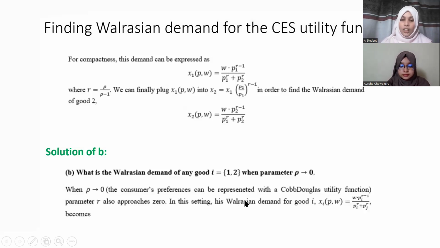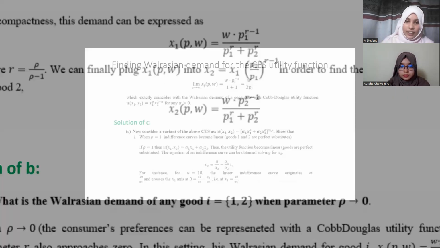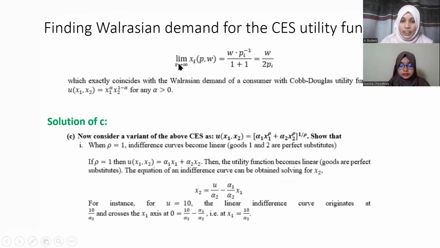In this setting, the consumer's Walrasian demand for good i is xi(p,w) equals w pi^(r-1) divided by (pi^r + pj^r). In the next slide, it becomes the limit as r tends to 0 of xi equals w pi^(-1) divided by (1 + 1).